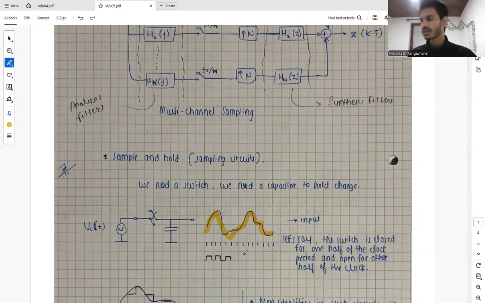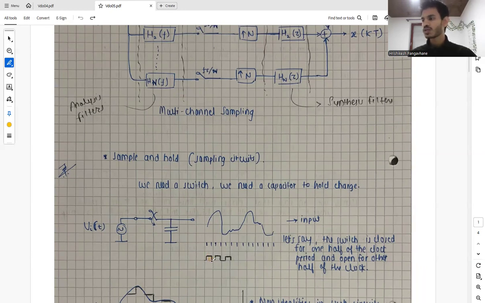So then let's say we have an analog input, which looks like this, and we are sampling it at the rate of these samples. So basically we have our clock, and let's say when the clock is high, or the first half cycle of the clock, we are taking the input and turning the switch on, and in the second half of the clock we are turning the switch off.